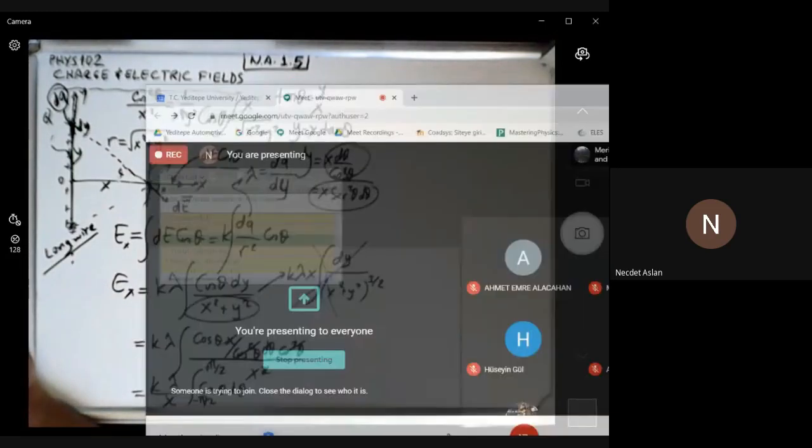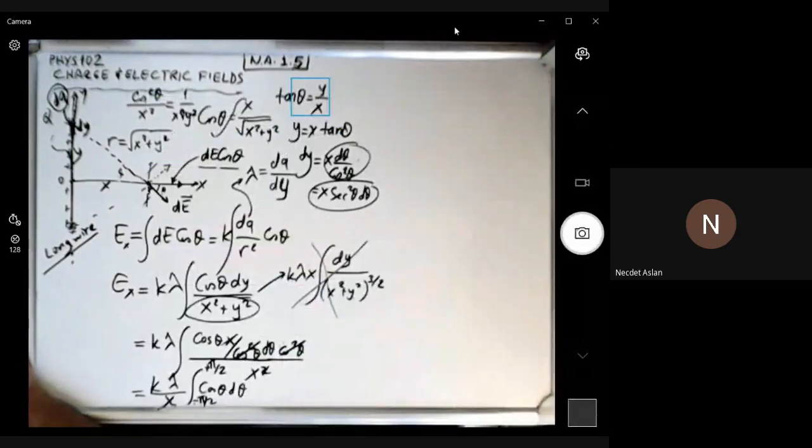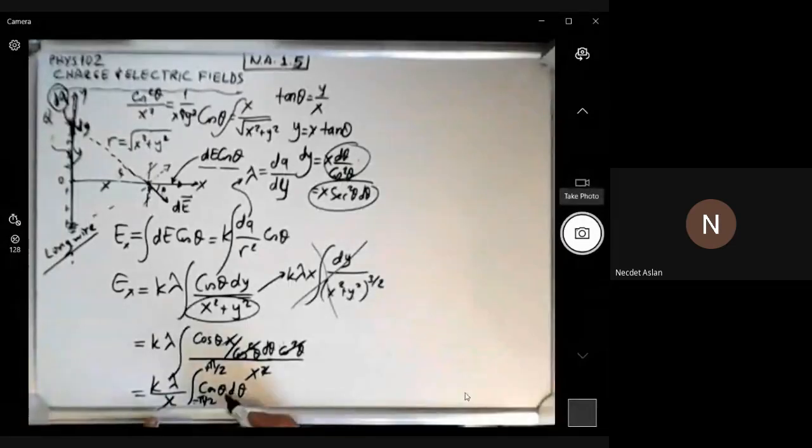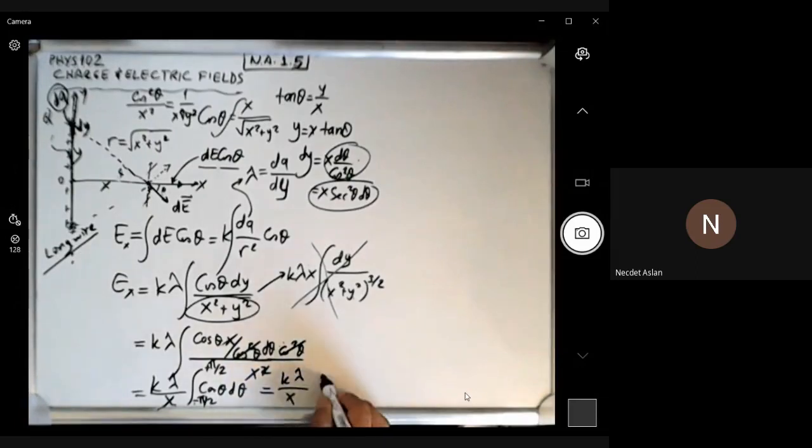So in this case, we will have a very simple integration. The integral of cosine theta is sine theta, so we get k lambda over x times sine theta, with the limits from minus pi over 2 to pi over 2.